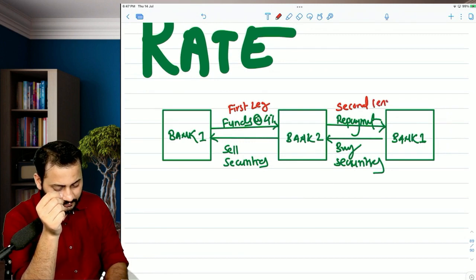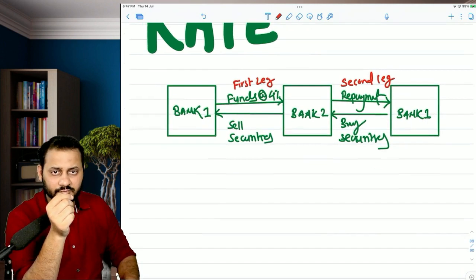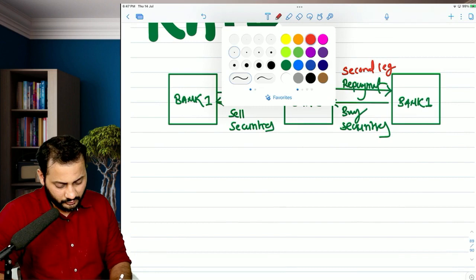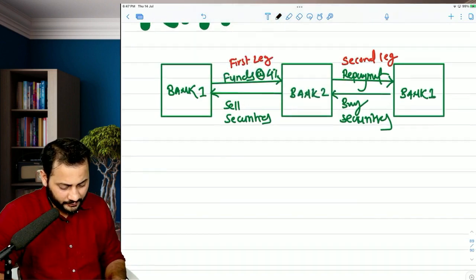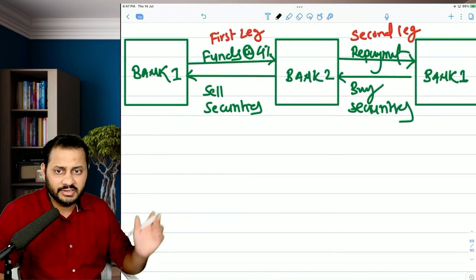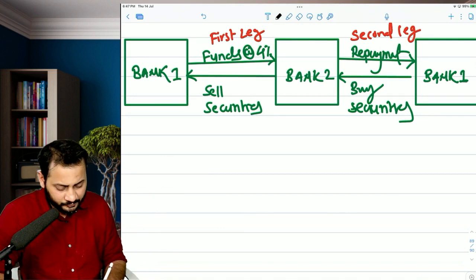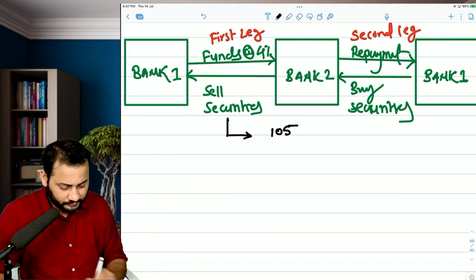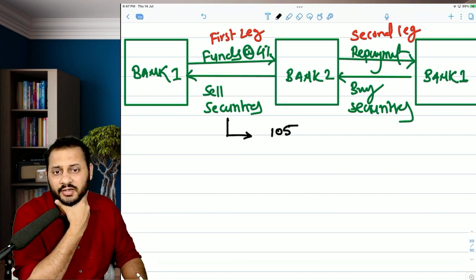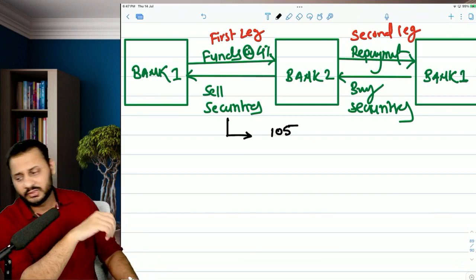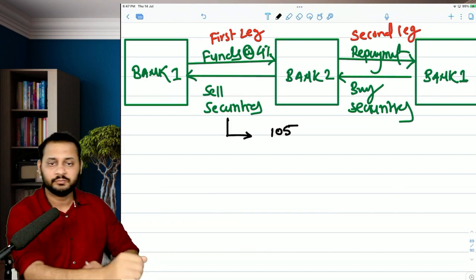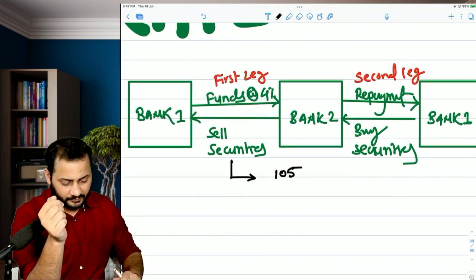Okay. Also, one more thing. Let's come to the amount. Let's say the securities that you sold to bank 1 were worth 105. Now you remember one thing.